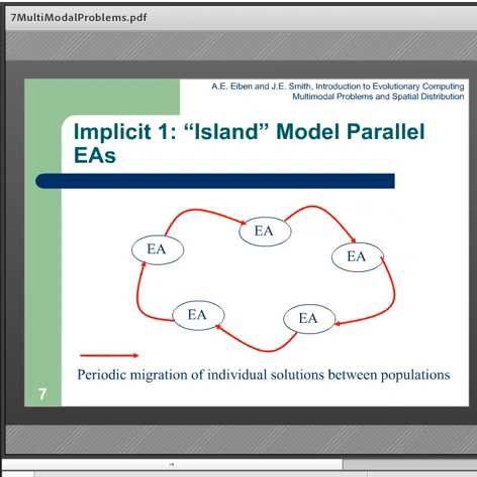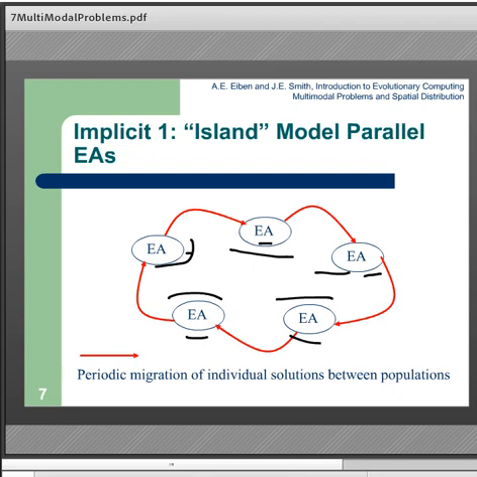Implicit methods, such as the island method, have some loops instead of one loop. We have some EAs instead of one EA. Each EA has its own population. Each EA solves the problem, and each EA finds a best solution.